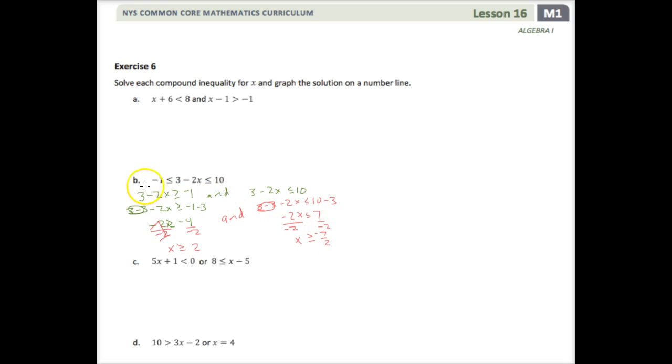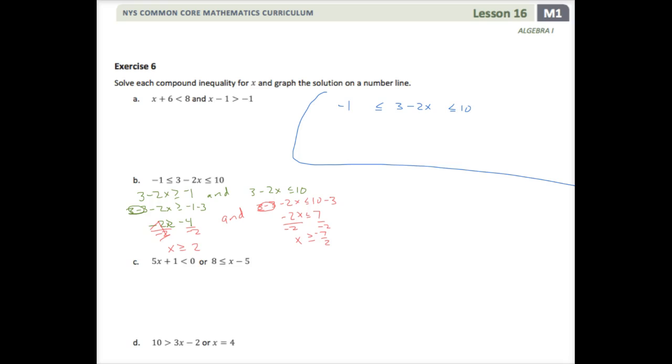Now, I could have done this whole thing combined. I'm going to just make a mess up here because you don't have to write this, but I'd like you to see it. I could have also taken this whole thing and said something easy and lovely like negative 1 less than or equal to 3 minus 2x less than or equal to 10.